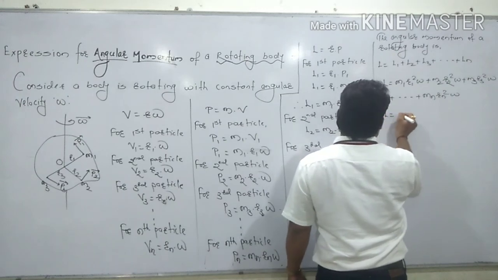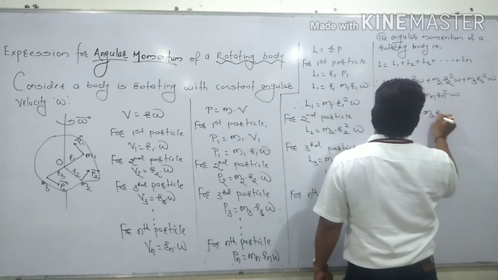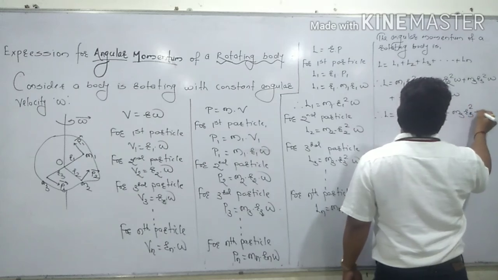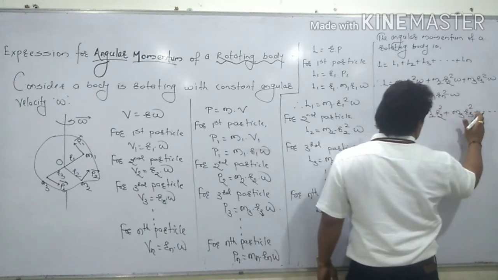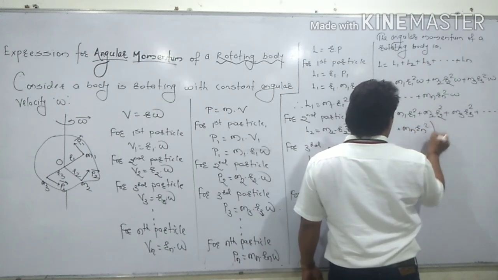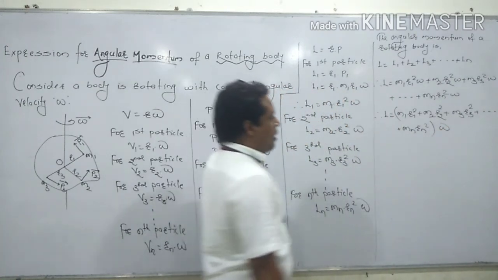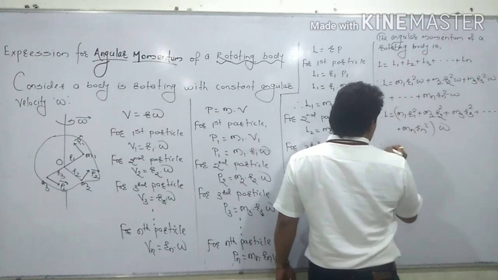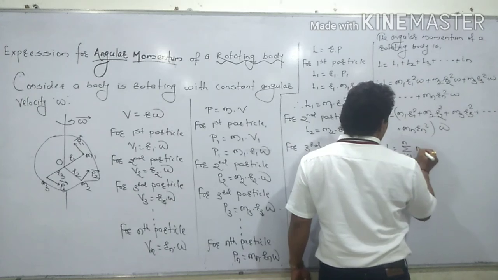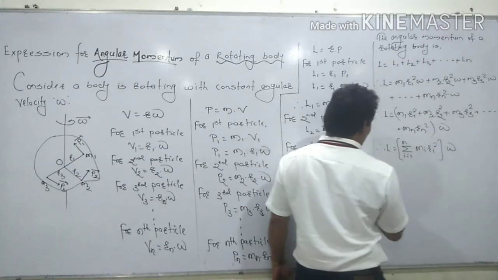By taking omega common, we can write m1 R1 square plus m2 R2 square plus m3 R3 square up to mn Rn square, and omega is common. This can be written as summation i is equal to 1 to n of mi ri square, multiplied with omega.